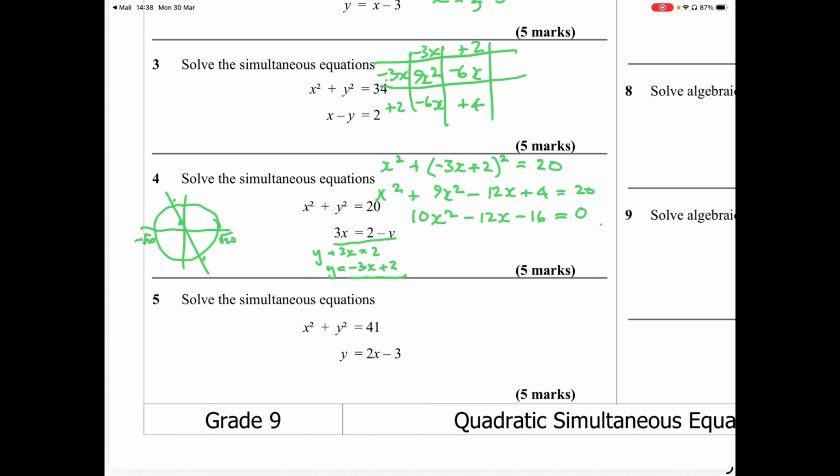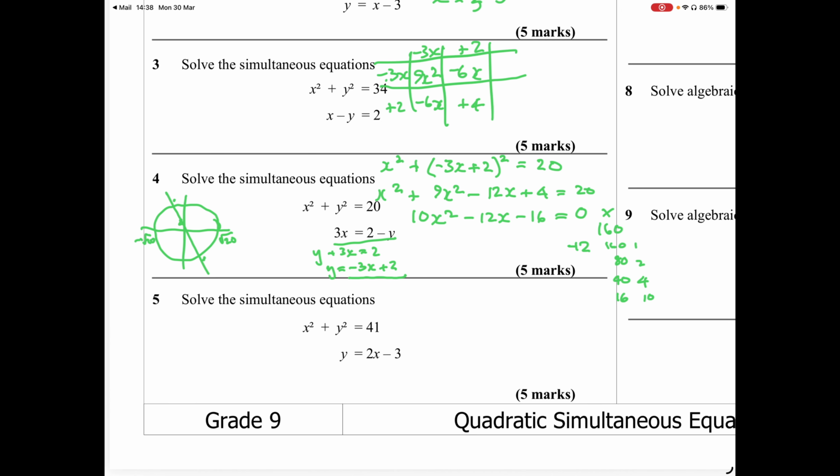Now, to make this work, we have to get numbers that multiply to minus 160 and add to minus 12. I thought it was going to be something like 16 and 10, but I think that works. Let's just see what we get. 160 and 1, 80 and 2, 40 and 4, 16 and 10, which is still not right.